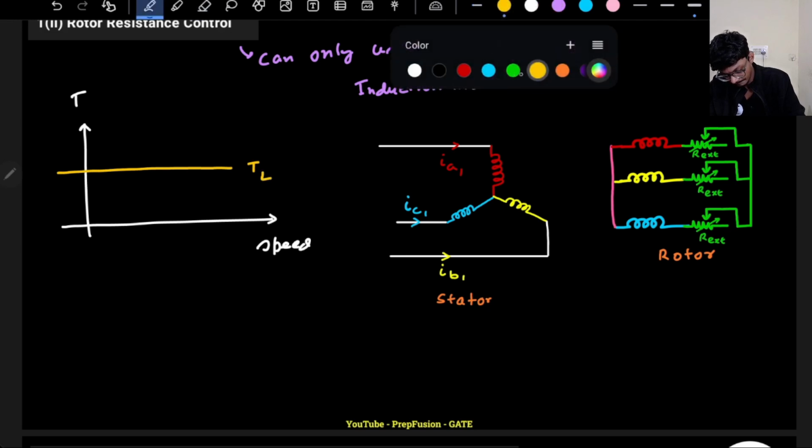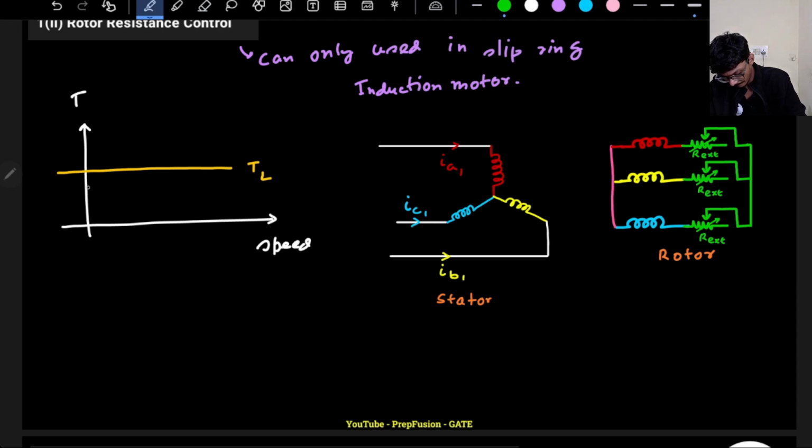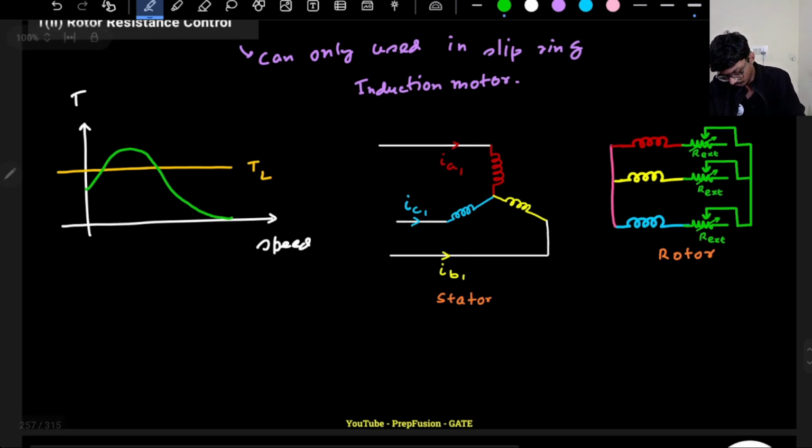If I keep on adding the resistance, the graph will just shift backwards. Maximum torque will remain the same, it won't change, but the graph will shift backwards.